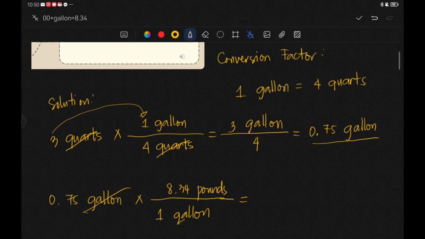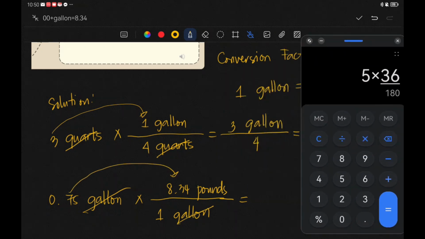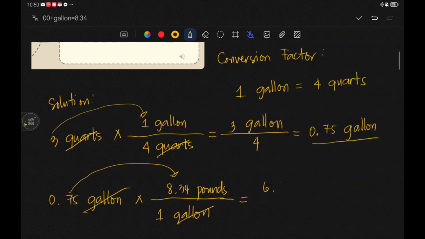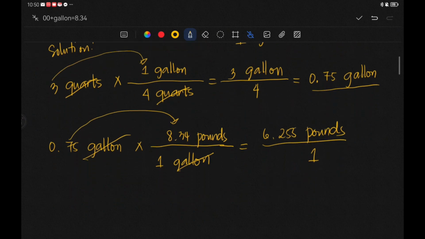So cancel out gallon, multiply 0.75 times 8.34, so that we have 6.255 pounds over 1.